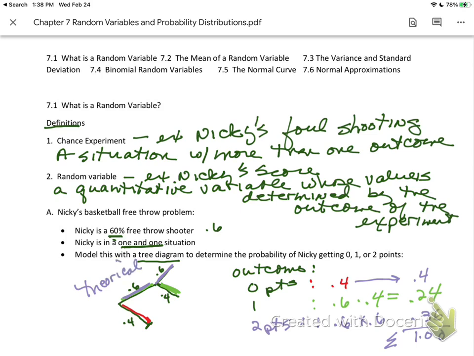If you want to figure out an experiment, what you would do is use your calculator, and you can do the random integer. And so what you would go to is math, and then go to 5. And then you would select your random integer.